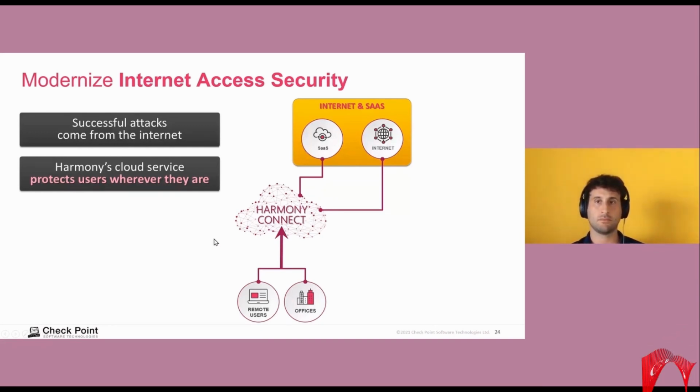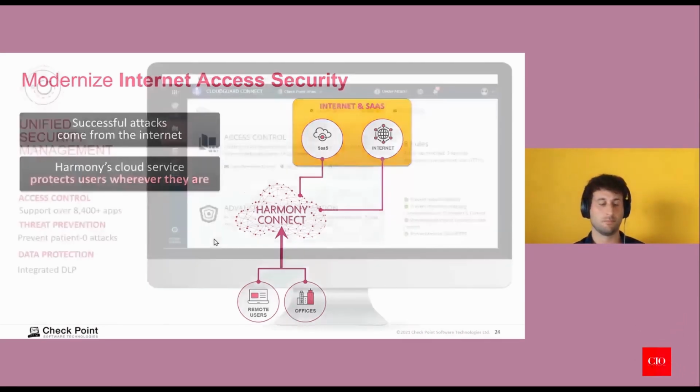They encounter phishing attacks, they encounter malware, they encounter browser exploits. What we are doing with Harmony is essentially providing a way to securely connect your users and your offices, and we're not talking about that today, but you can also connect branch offices into the same cloud. How do we provide a very secure protection and connection into there?